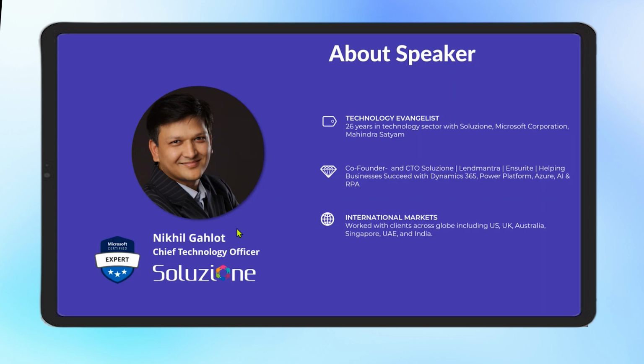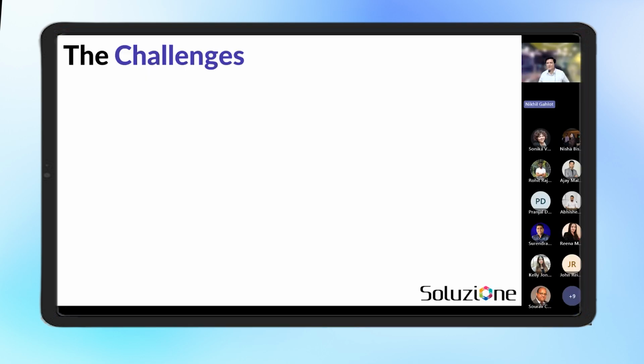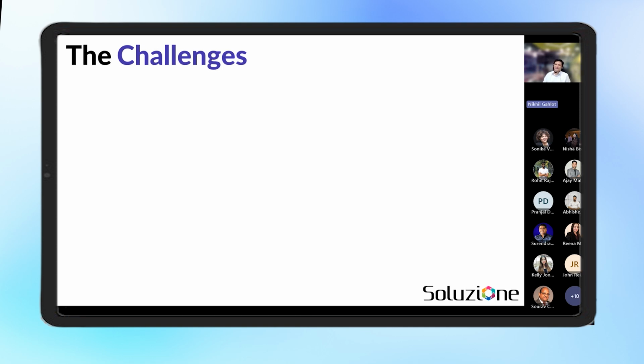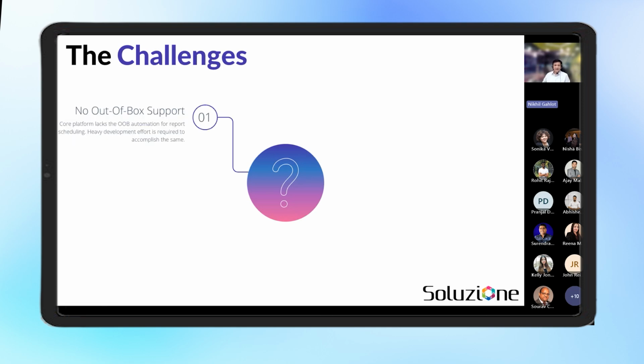All right. Thank you, Saurav. Without the delay, let's talk about why we are here. This is the exact challenge that we are trying to discuss today. First and foremost, there is no out-of-the-box capability of scheduling a report out of Dynamics CRM.